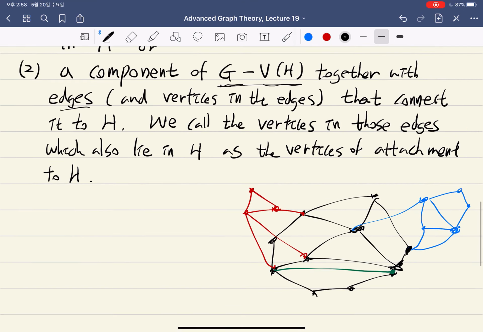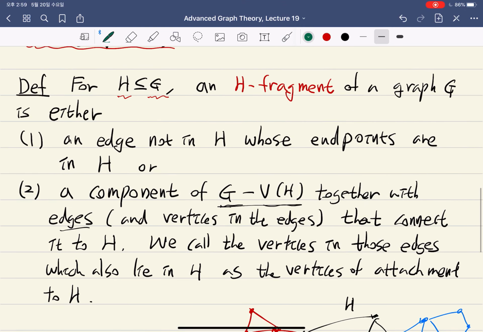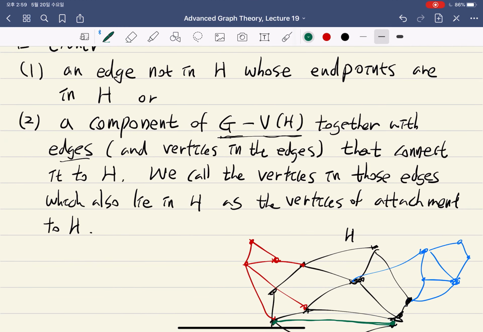So for example, if we have this G, this entire thing is G, and this black graph is H, then if you consider this edge, let's add this and the vertices in the edge.